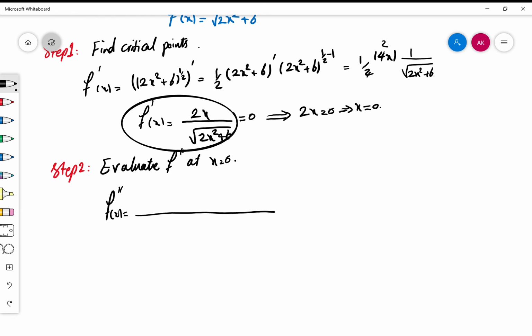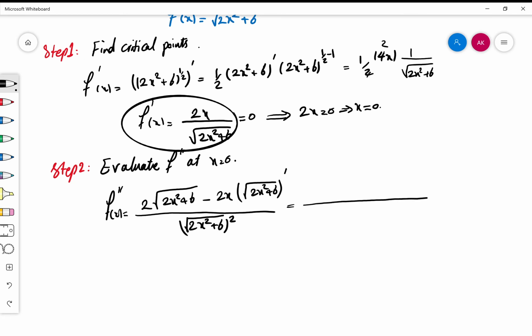So derivative of the numerator 2 times the denominator, minus the numerator times the derivative of the denominator, and then the denominator squared.